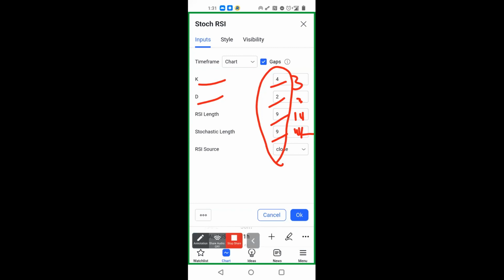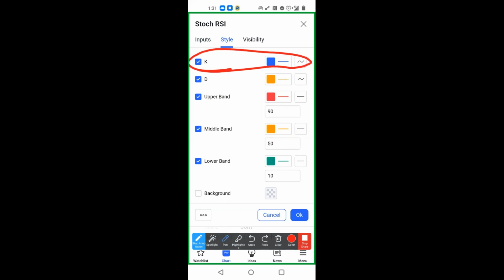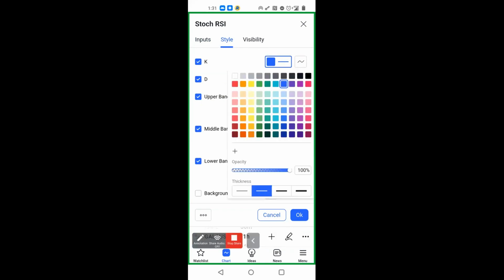Then let's go to the style. This is more important. Now we have K, the blue stochastic. Tap on it and increase the thickness. When these two lines are moving on your screen, one must be thicker than the other to make it easy to see how the market is moving.